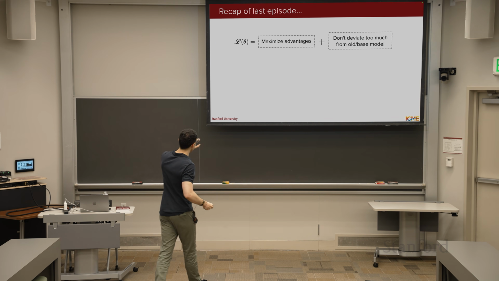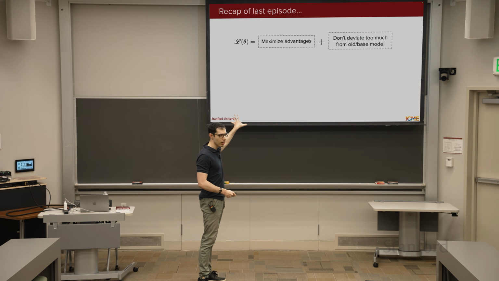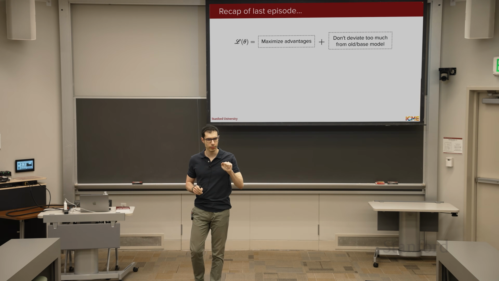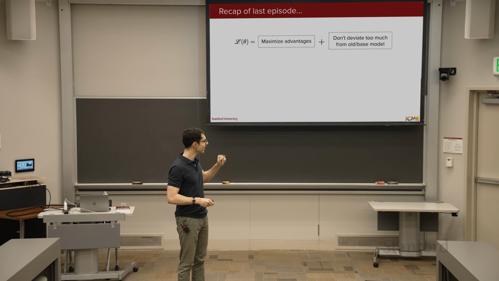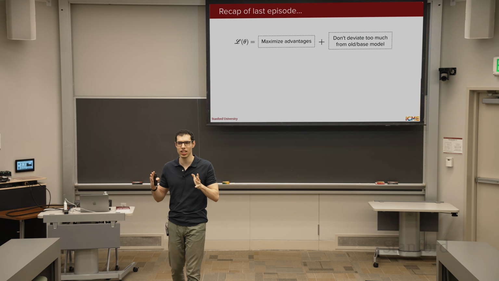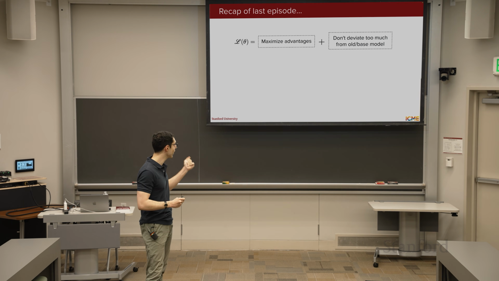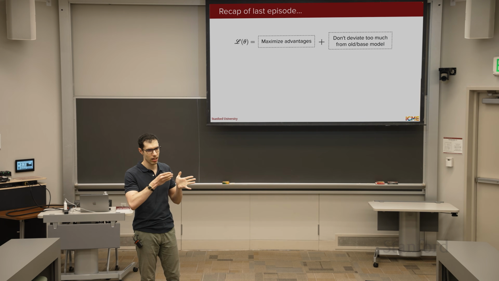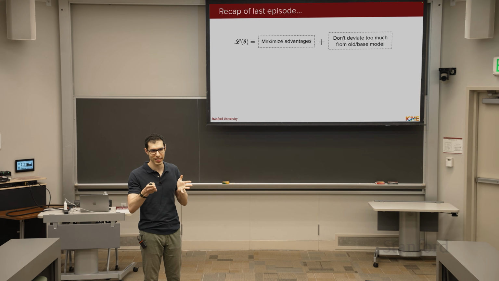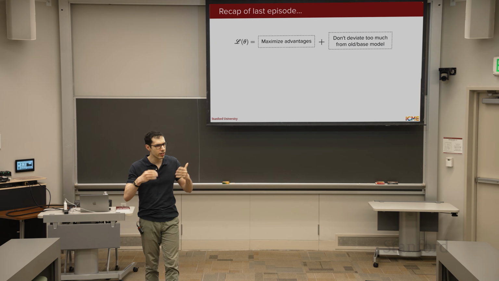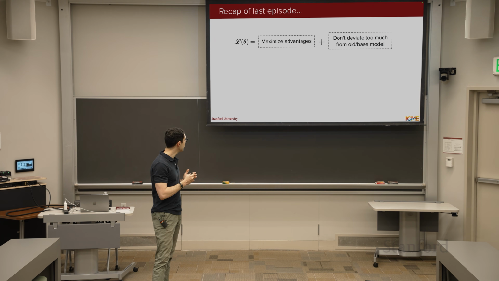And so we saw that the loss function during the RL stage is composed of two parts. The first part is this advantage maximization. We saw that that advantage was based on the rewards, and it has some baseline to just reduce the variance of the gradient.